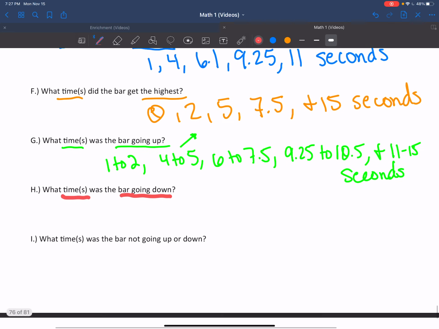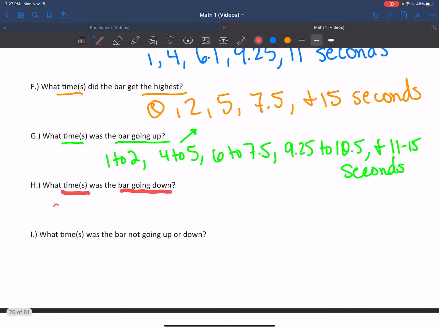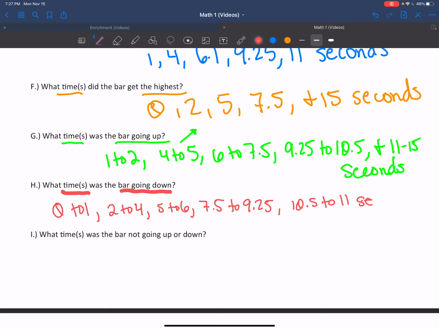So let's write all of those, shall we? So we have 0 to 1, then we have 2 to 4, then we said 5 to 6, then 7.5 to 9.25, and then last we said from 10.5 to 11. And all of these are in seconds because it was asking us about the times.